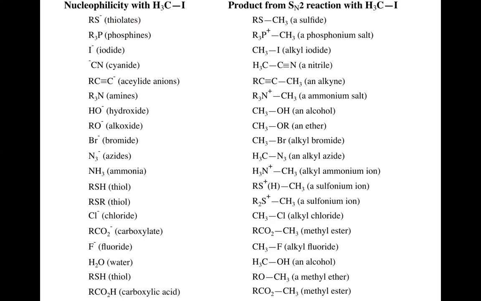So notice we had HS minus on the previous page. Now I'm having RS minus. I'm going to put them in pretty much the same category. Phosphines, I had PH3. Here's R3P. Again, excellent nucleophile. Iodine is listed generically: a good nucleophile, but also a good leaving group, so we don't use it that much.